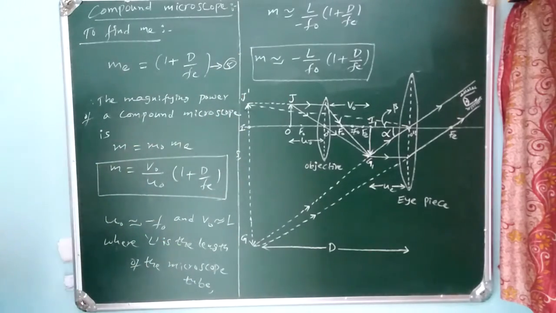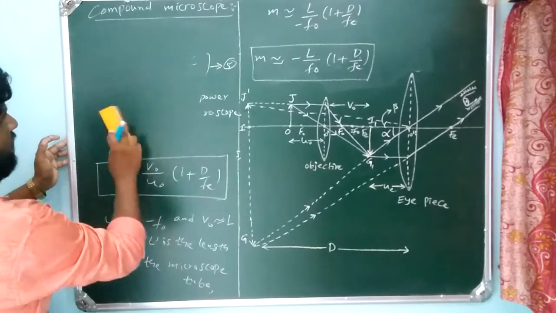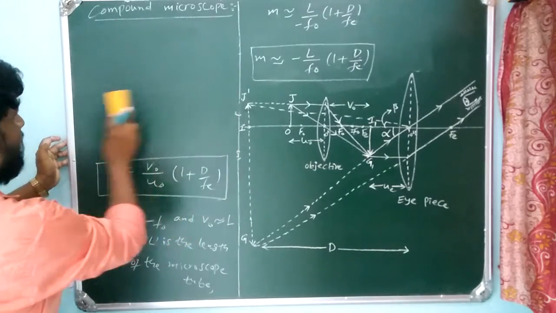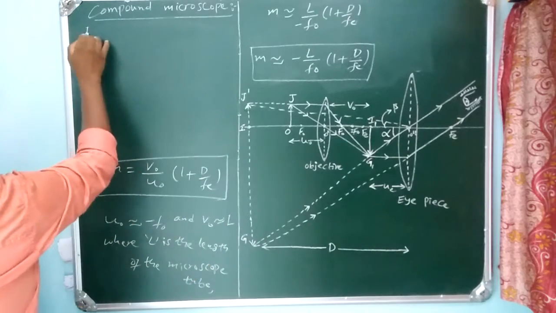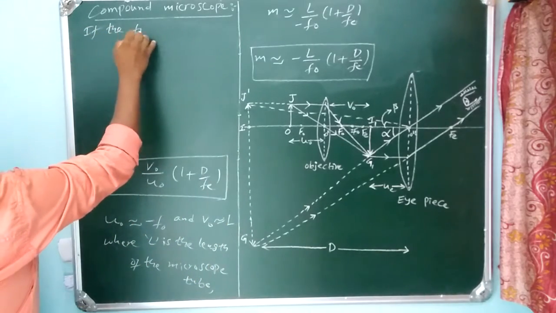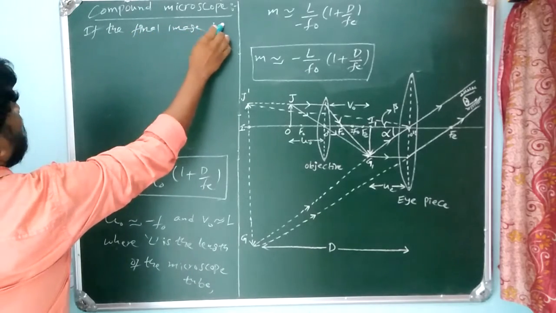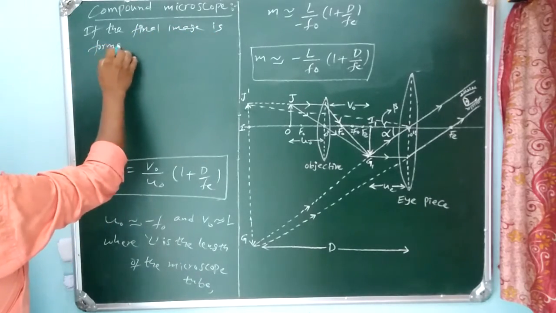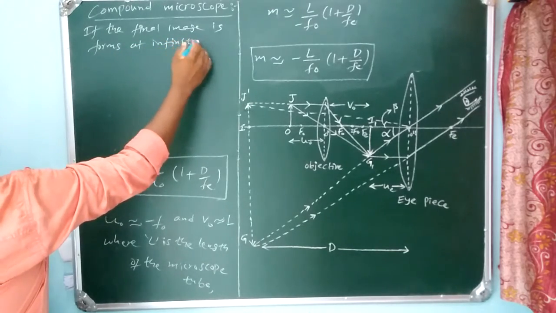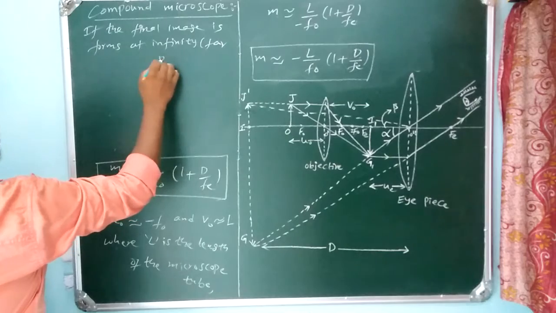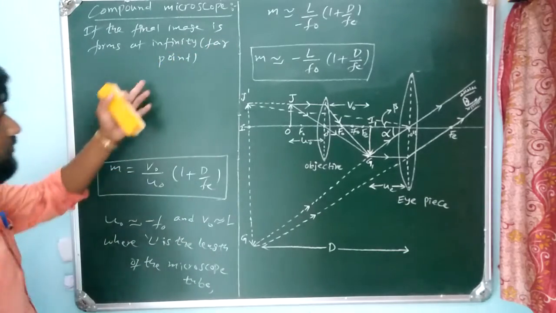Suppose the final image is formed at infinity, that is nothing but the far point.